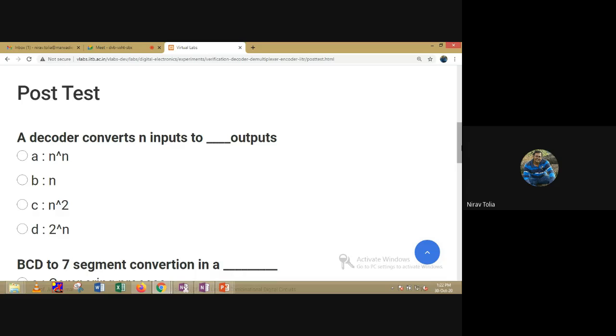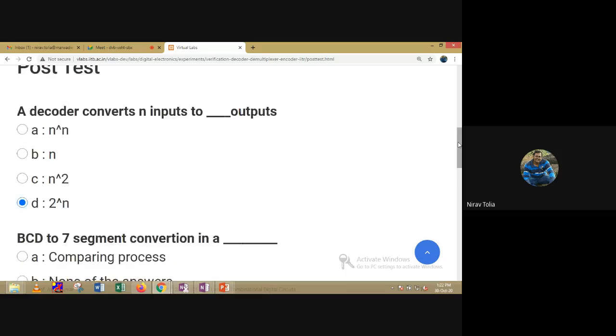Either A, B, C, or D. Almost all of you gave the answer. It is 2 raised to n.